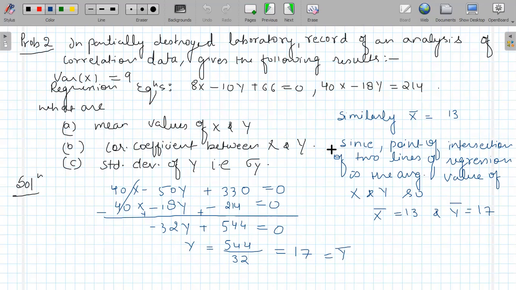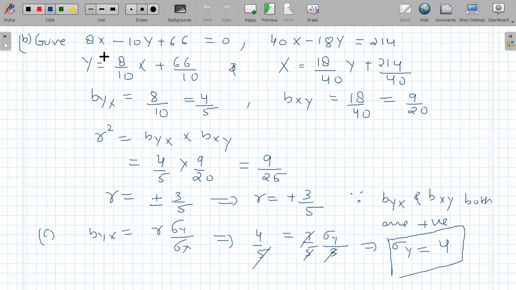Then to find the correlation coefficient, we use the regression coefficients. To find regression coefficients, we write the first equation in the form of y is equal to mx plus c, and the second equation in the form x is equal to my plus c, so that we have regression coefficients with us.